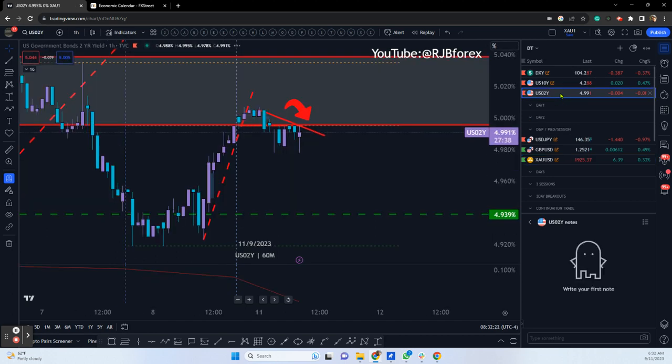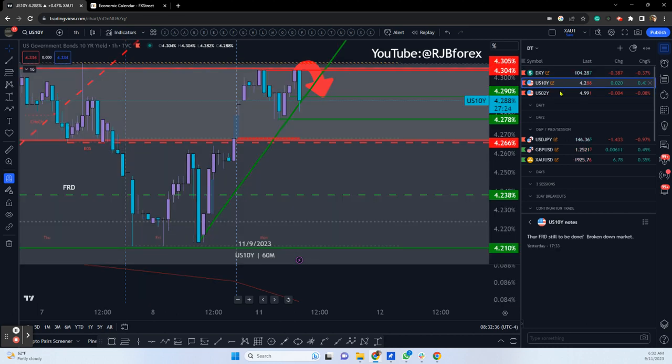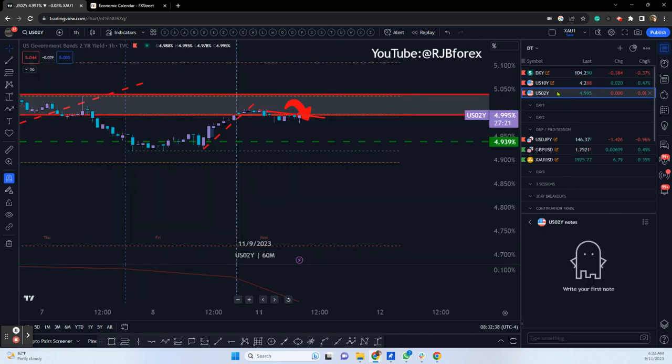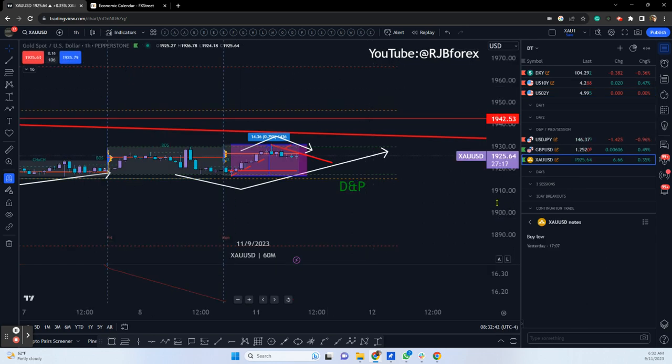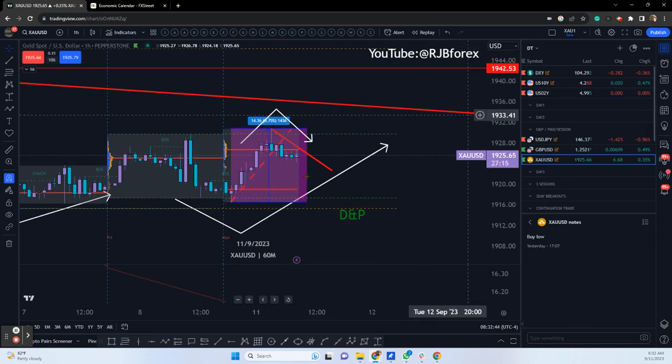What are yields doing? Well, the yields are finding support, which is weighing on the price of gold, the 2 year at least. Right. So tricky one. Need to keep an eye on all these things and not just go in blindly.